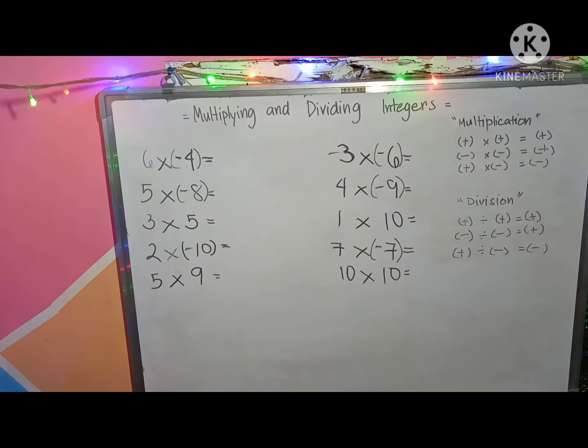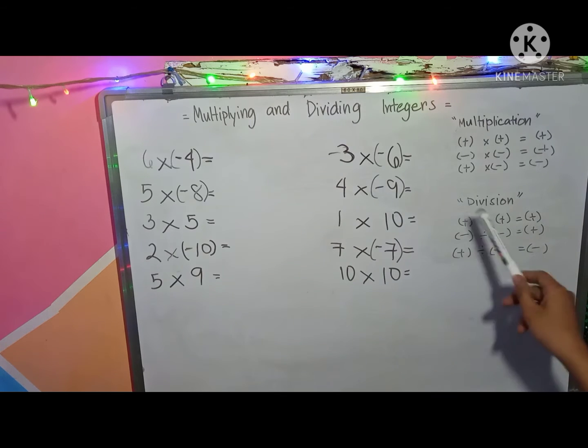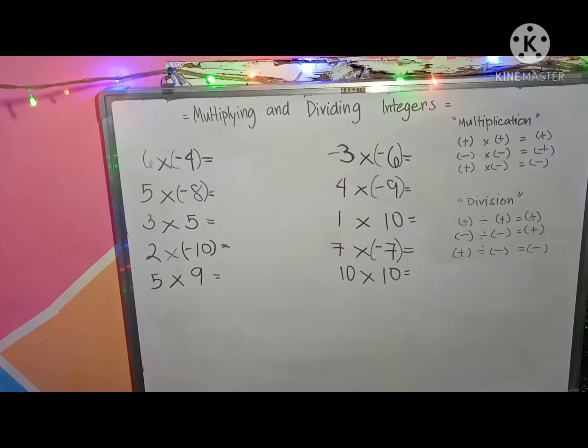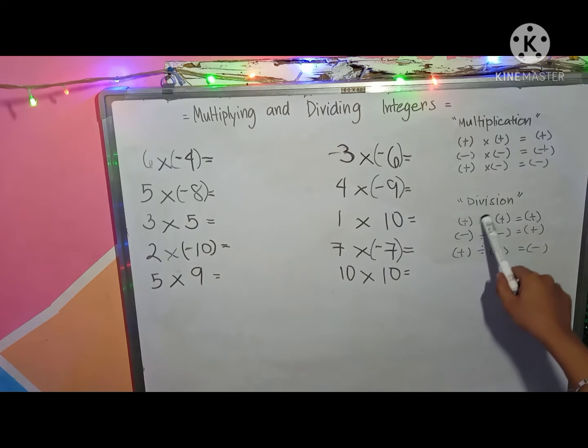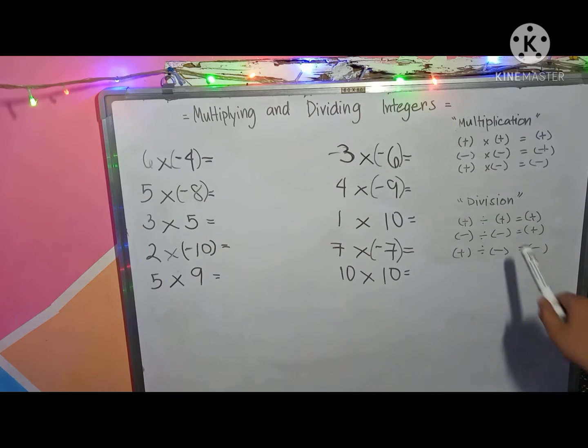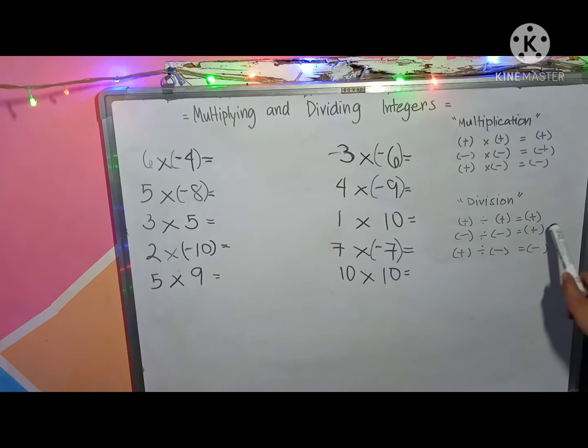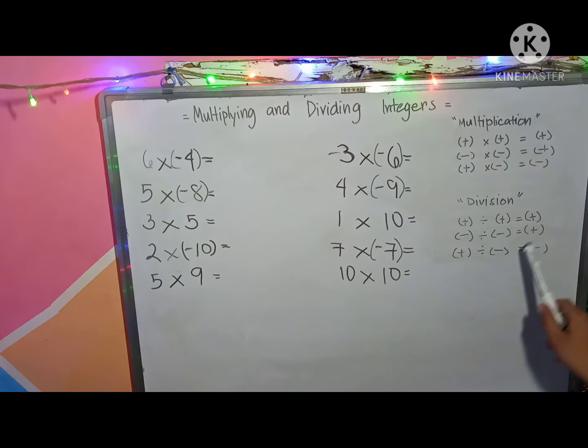Ganon din sa division. Alam naman natin, multiplication is the reverse operation of division. Magkabaliktaran lang silang dalawa. So positive rin sa division: positive divided by positive is equal to positive, and negative divided by negative is always positive pa rin.